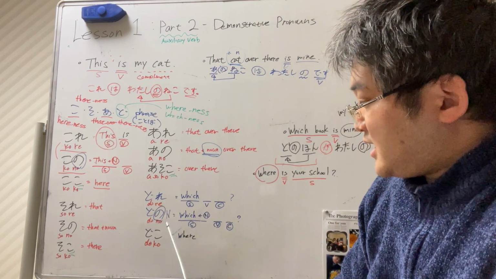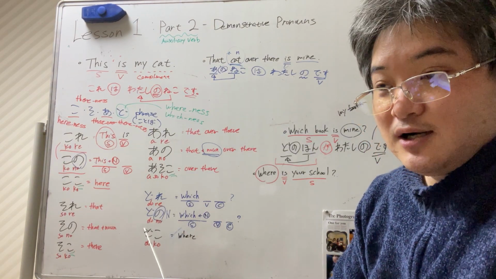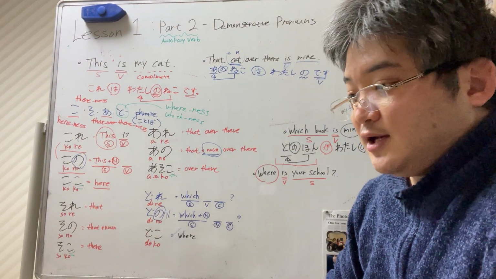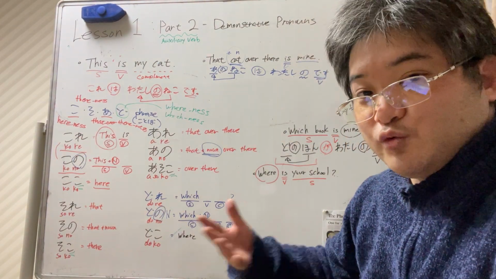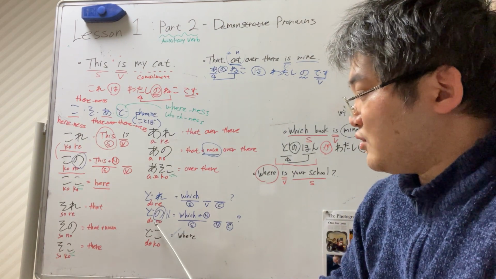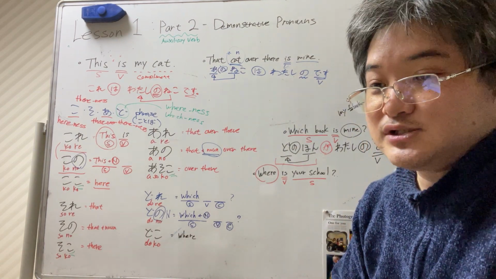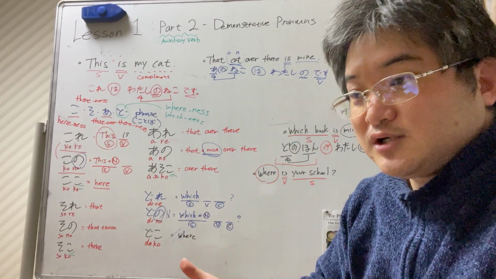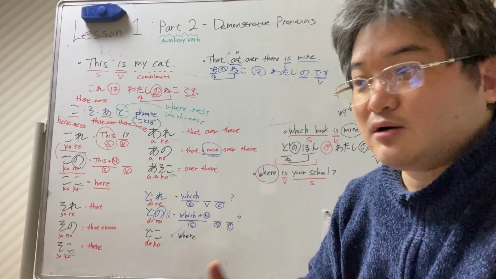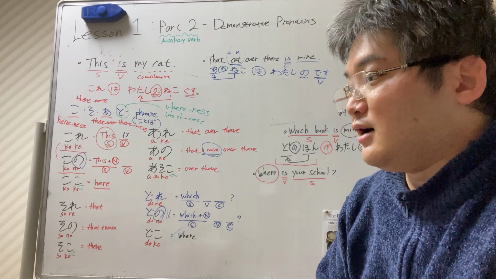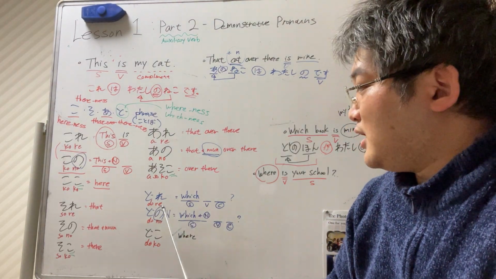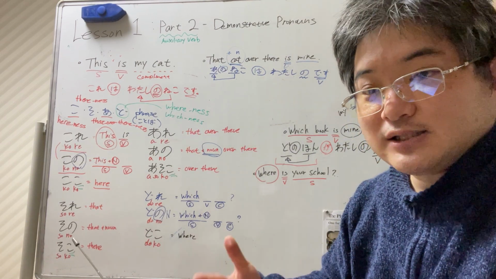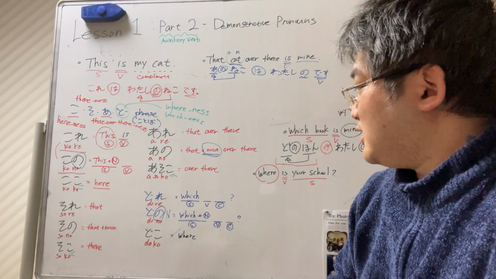So most likely, if you are asking a question involving "which," you will be using dono in Japanese too, because you probably want to be specific: which book is mine, which glass is mine, or which cat is mine, and so on. So rather than just "which is mine," which is a very vague question in English.